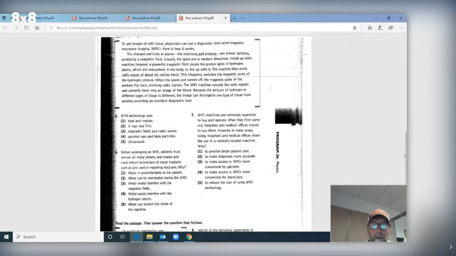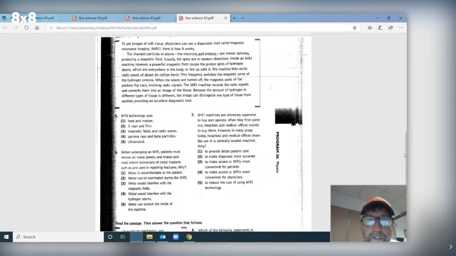Reduce the cost of using MRI technology. Okay, so that's about medical offices sharing a centrally located machine. What that might mean is like Genesee Hospital, Highland Hospital, they have one or two MRI machines between a couple hospitals, and they can send their patients to an office that has an MRI machine, okay?